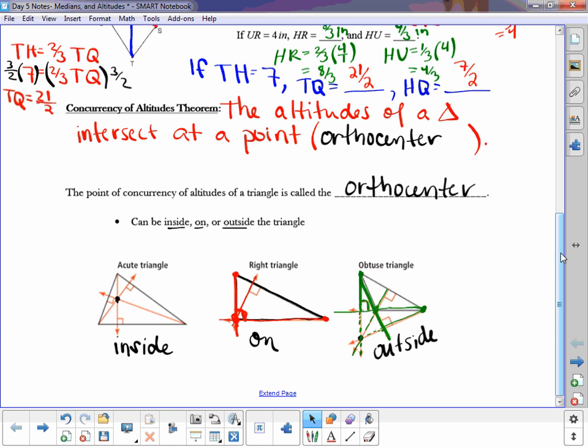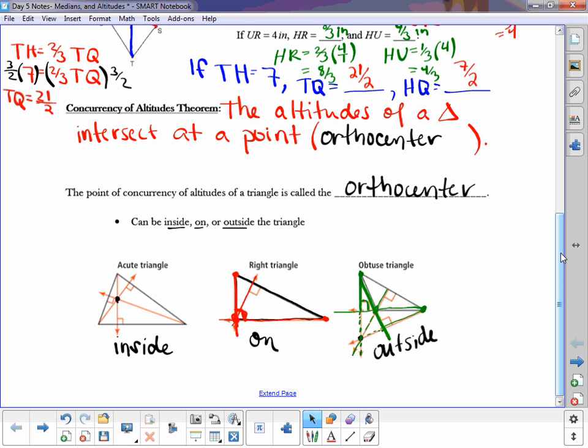I might be wrong which ones those are. So it has to do with higher things than what we'll be doing in high school geometry. For us in high school geometry, that's all that matters. You just need to know what it is, and then keep in mind where it can fall. Okay, other questions with orthocenters?